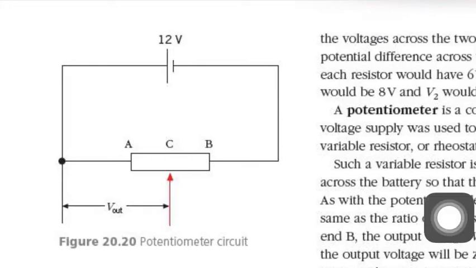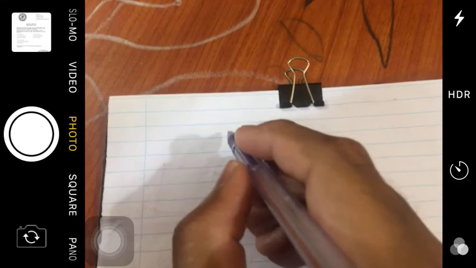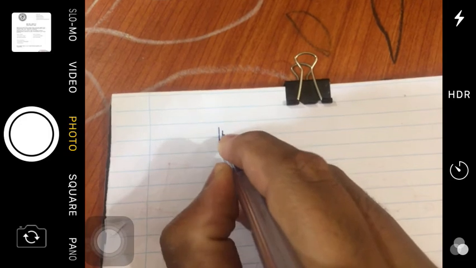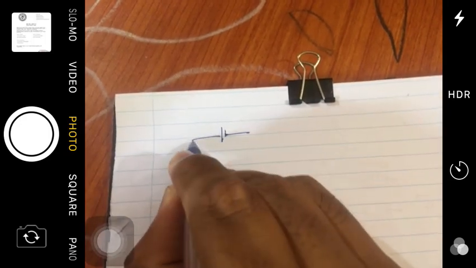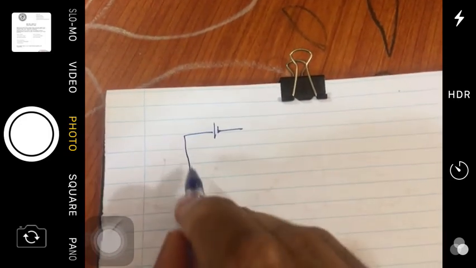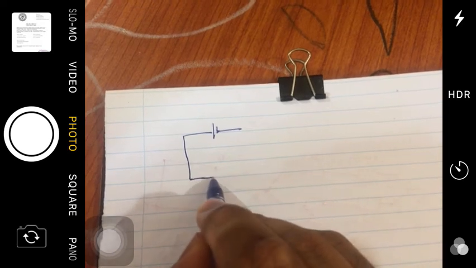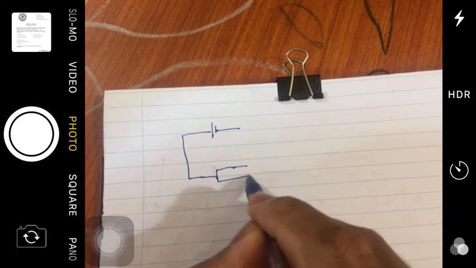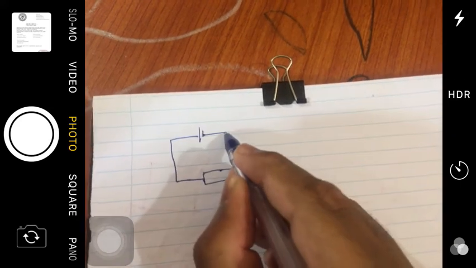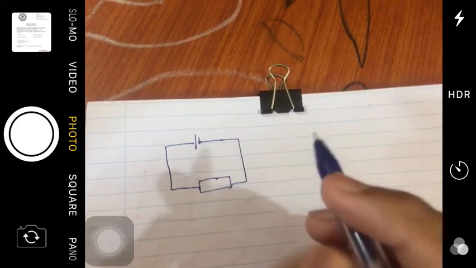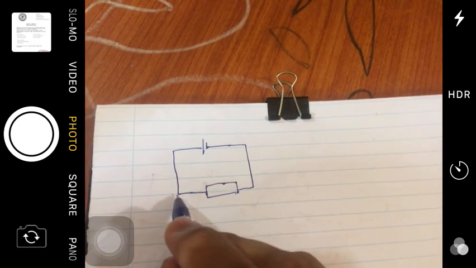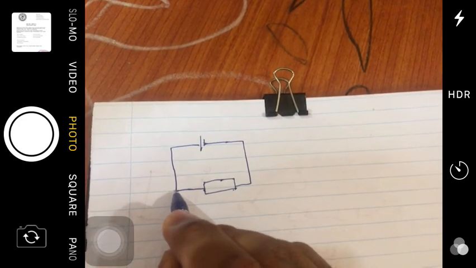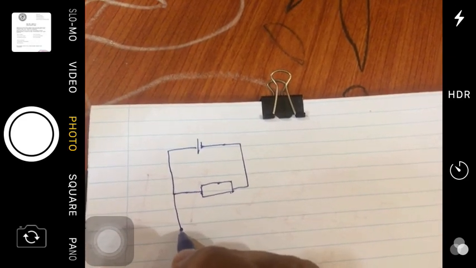So if you have a potential difference, and that potential difference is falling across this entire resistor, but I want to take only part of it outside.